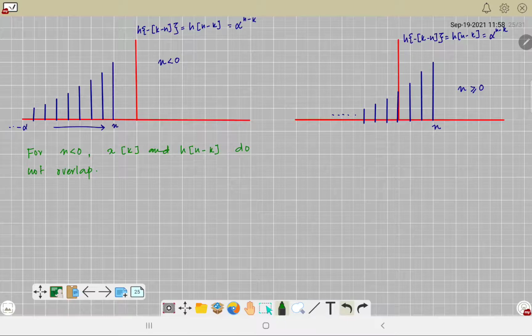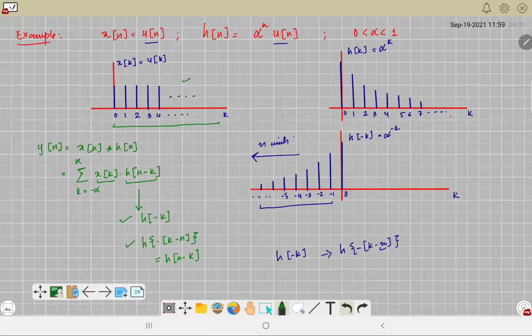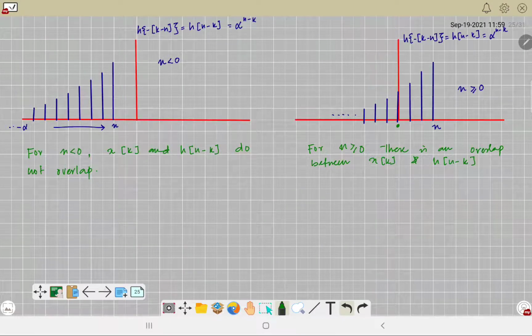Right? Now coming to this side, for n greater than or equivalent to 0, there is an overlap between x of k and h of n minus k. And this overlap extends from this point, because your x of k is defined from 0.